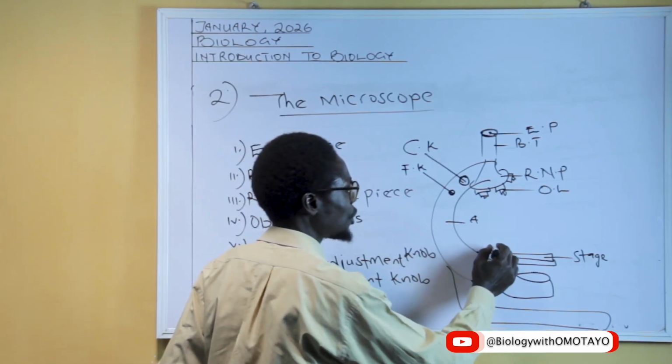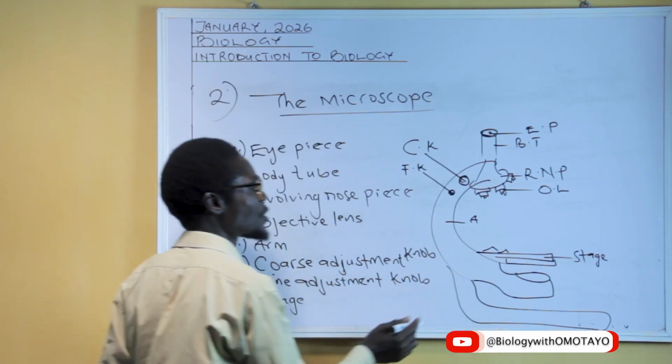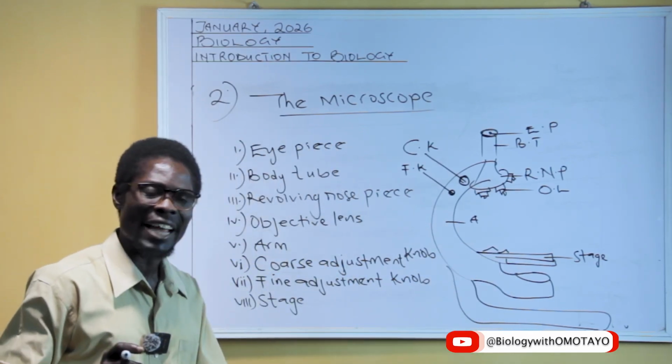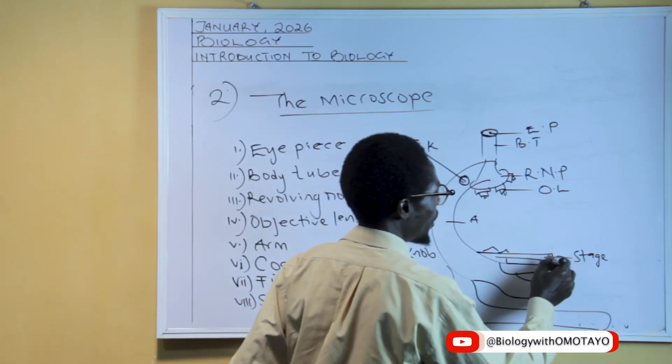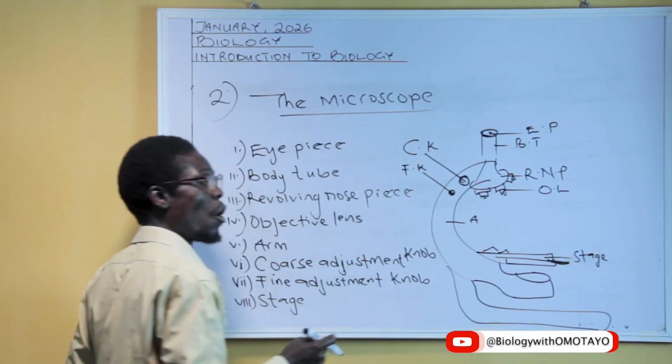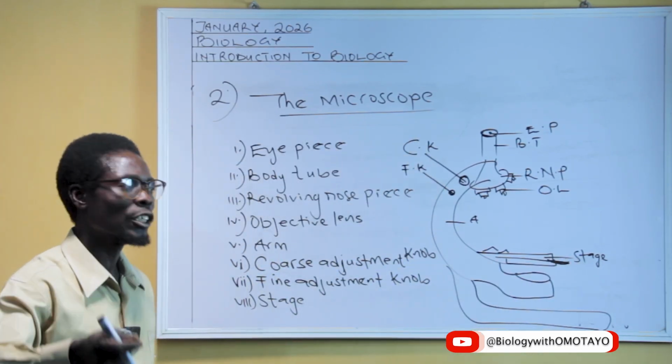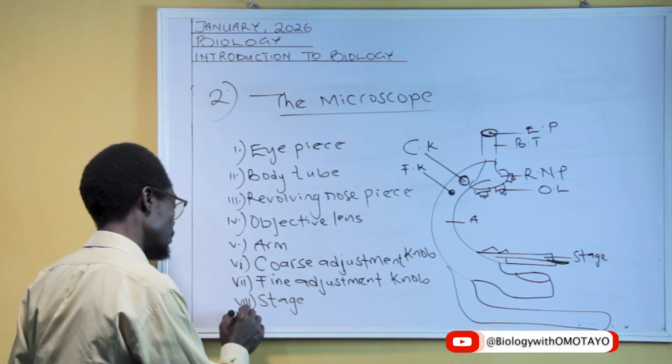And on your stage, you do have clips to hold your slide in position. Here, you have a regulator for opening and closing your condenser.